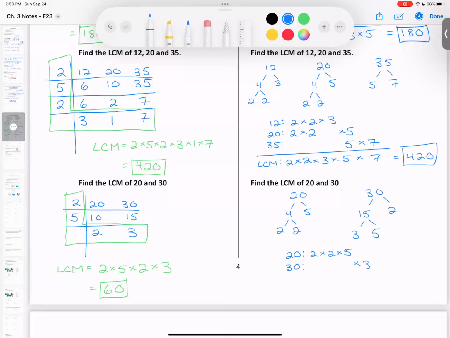I've got to add a new column for that 3. Then I've got a 5. I have a column for 5s, and I have a column for 2s. So my least common multiple is going to be 2 times 2 times 5 times 3, which once again will be 60.